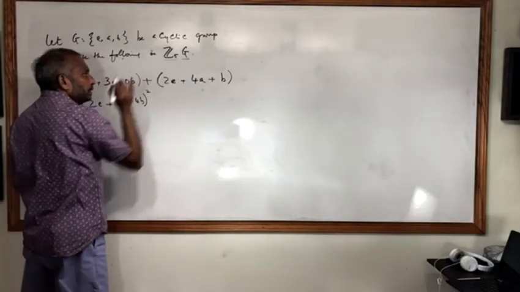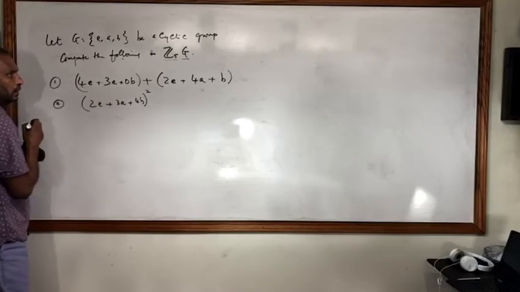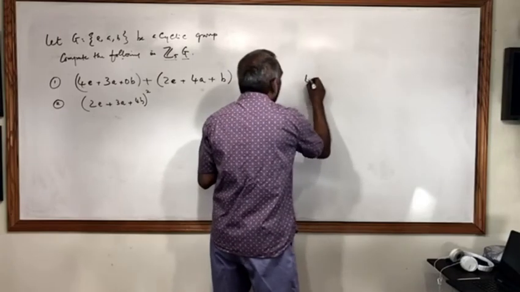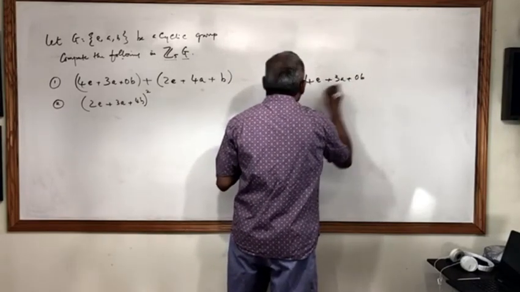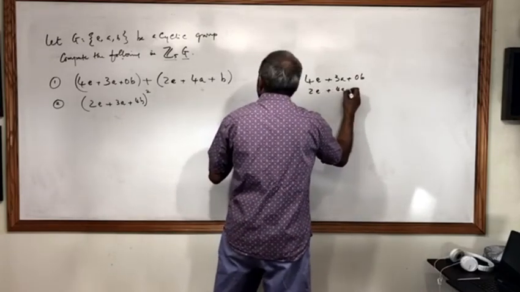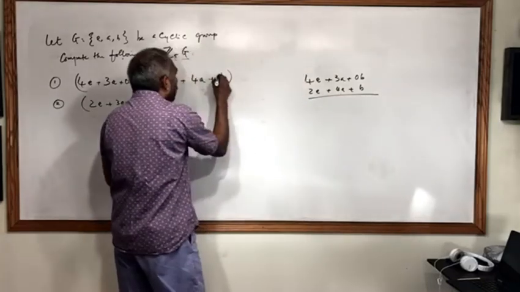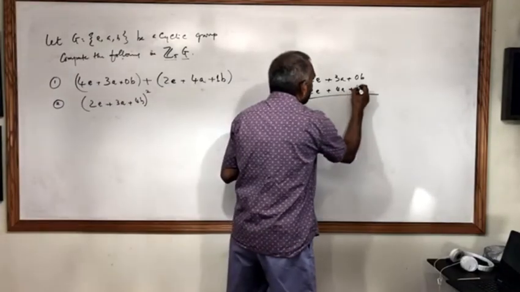First we need to add these two. Adding is just like this: 4e + 3a + 0b plus 2e + 4a + b. Plus b means this is actually 1b; we always write it like this.